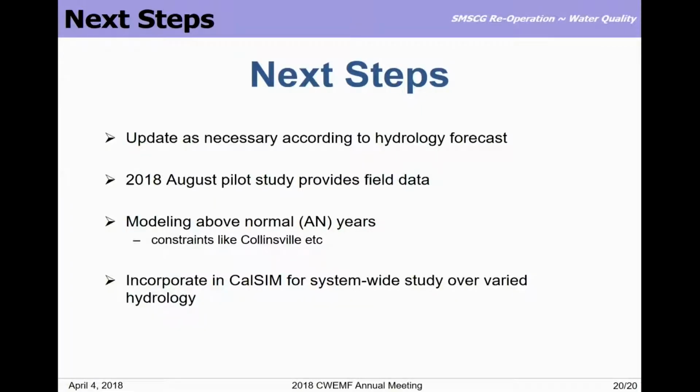At the same time, as I mentioned, this proposed action is going to happen in both below normal years and above normal years. We did the below normal year because this year is a below normal year. But the above normal year is even more critical, because it's going to have a 4x2, an even more stringent standard. We don't have an above normal year in the recent 10 years.